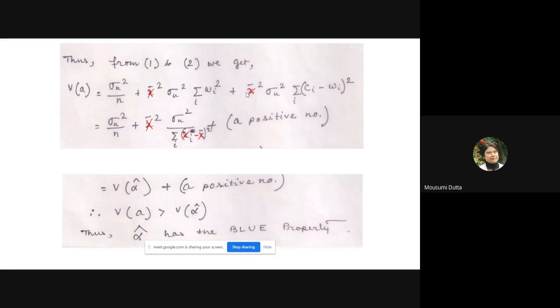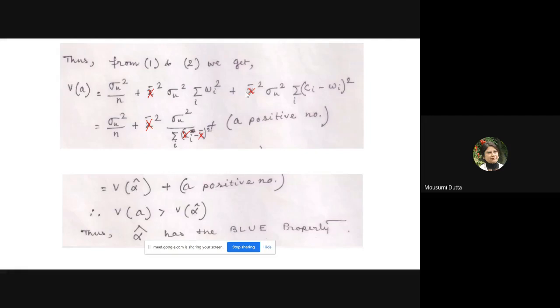And if I have no knowledge about sigma square, I will not be able to present variance of alpha hat, variance of beta hat, because all the variances of alpha hat and beta hat are based on sigma square.